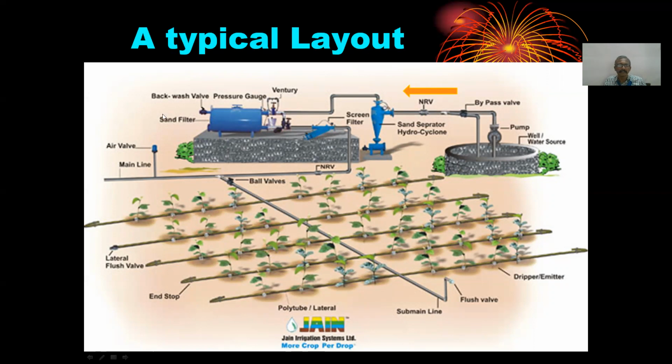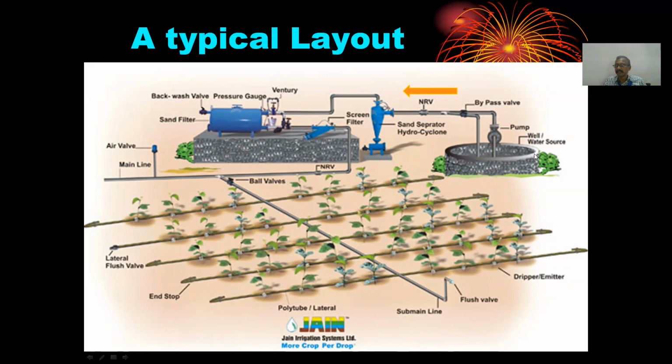And they have made this diagram available through the internet, and it is being used by many trainers around the world. I would say this is the most used diagram by people around the world. It depicts in a nice fashion all the components that are used in a drip irrigation system.